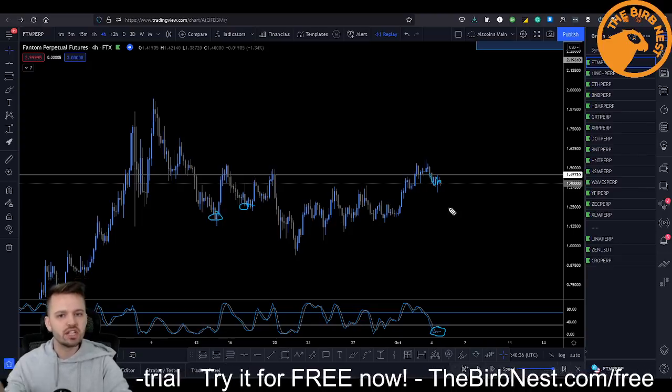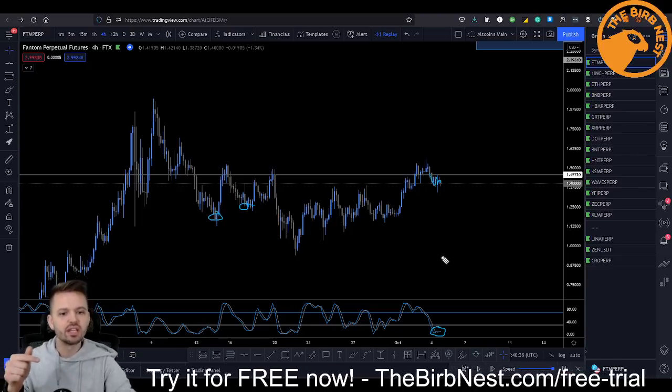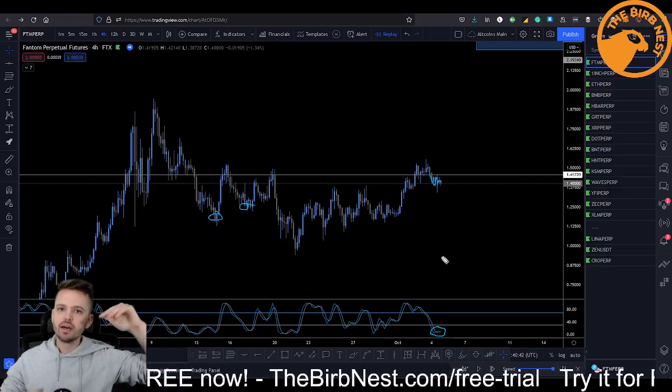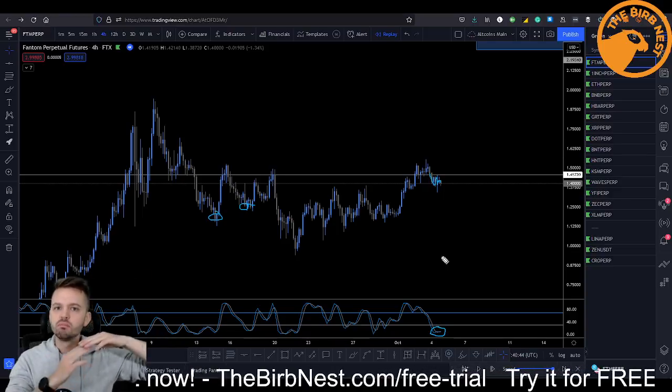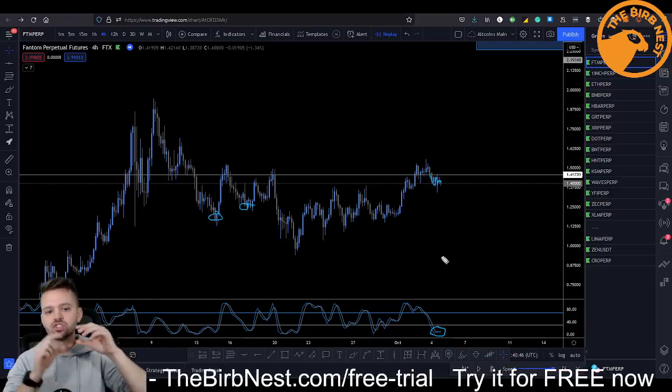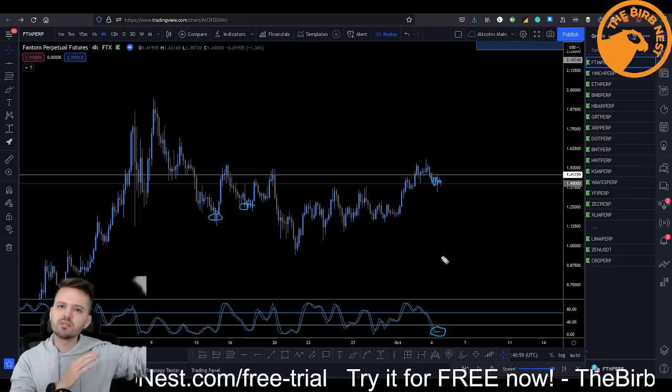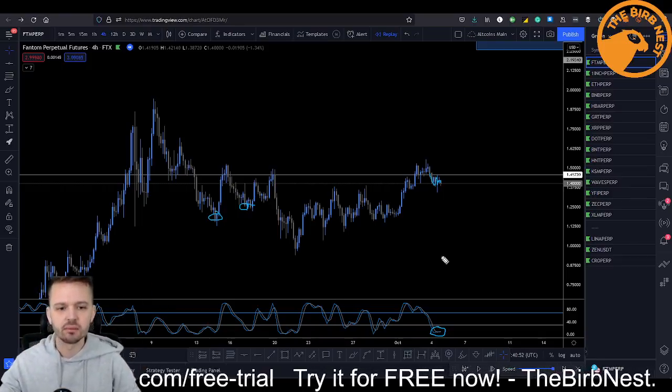So that's also a change in behavior according to the stochastics, which gives us some clues the next move might be giving us more bullish momentum, and the bullish momentum is starting closer to resistance, so it might give us an extra push to the upside.